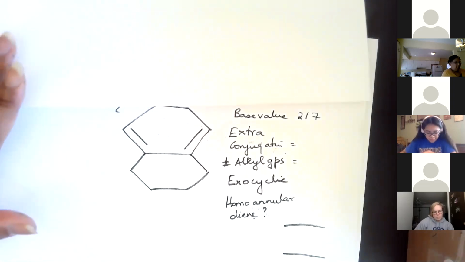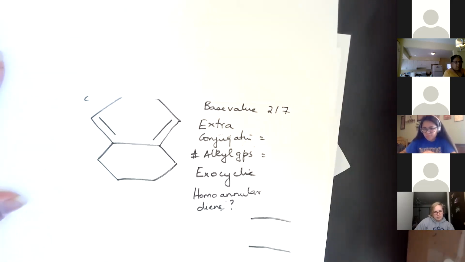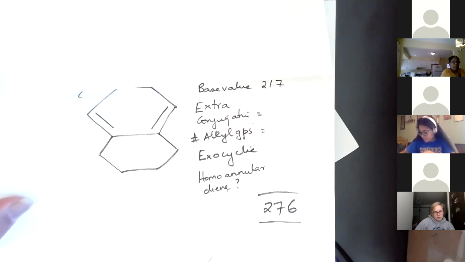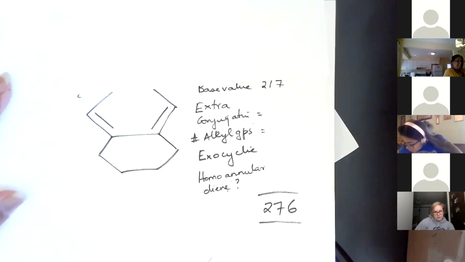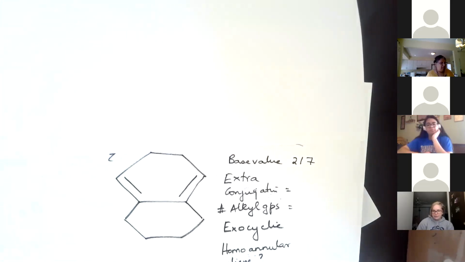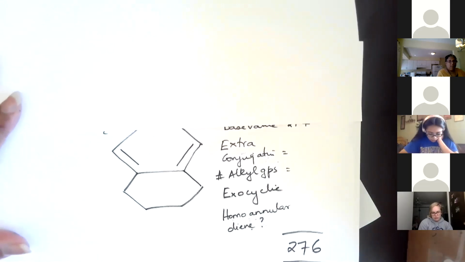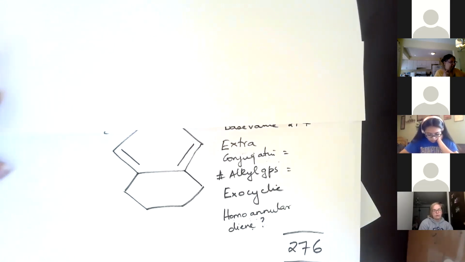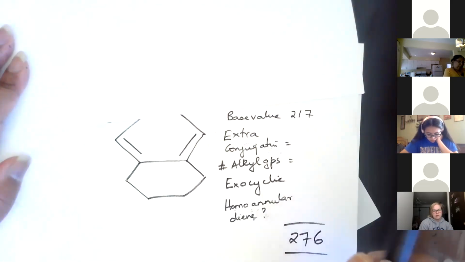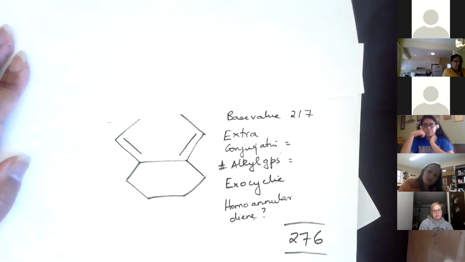Deanna, you have an answer? I got 276. Adele, what do you have? Hutch, are you there? Yes, I'm here. Did you get 276 or something else? That's what I got. 276 as well. All right, great. Caitlin? I got 276. All right. Finally, we're all on track, me included.